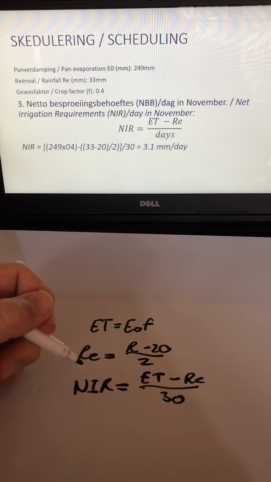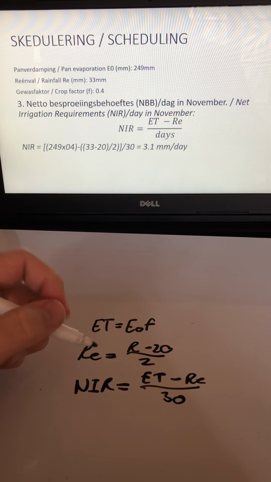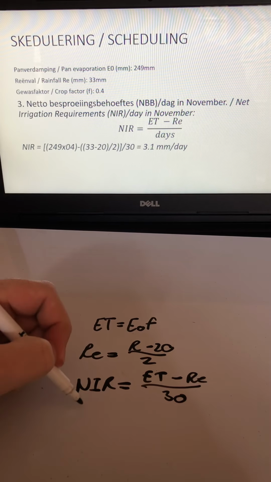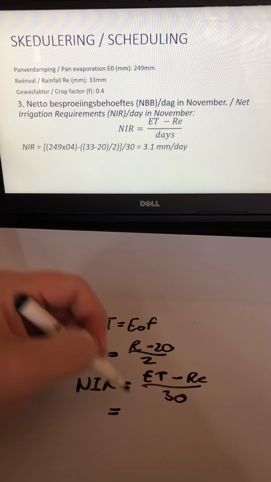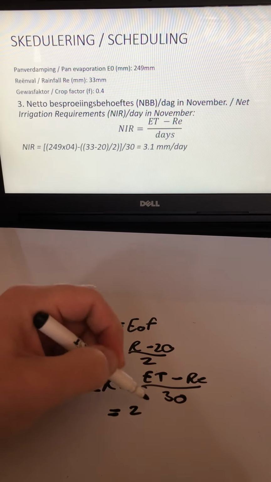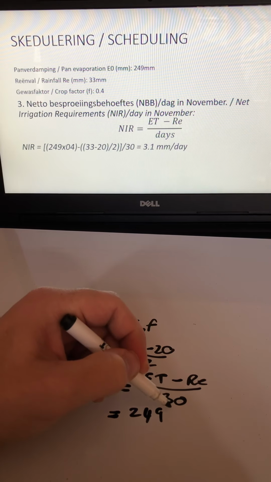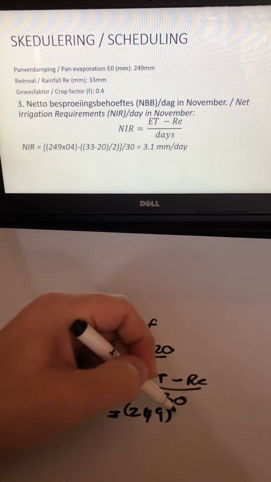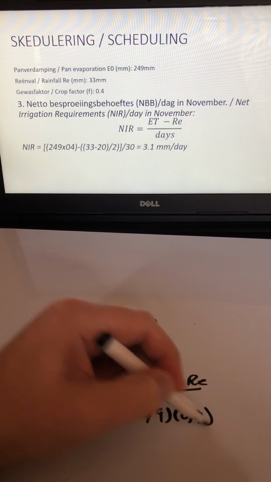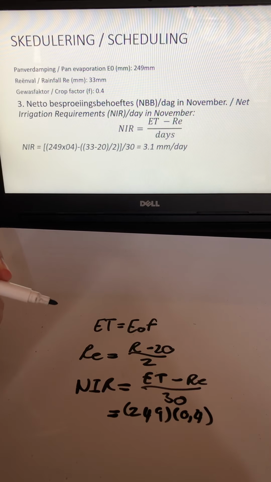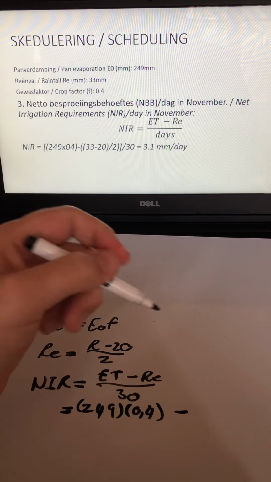So the net irrigation requirement per day in November: in the month of November, your Class A pan said the evapotranspiration was 249, and you multiply that by your crop factor, which is 0.4, and then you minus your effective rainfall.